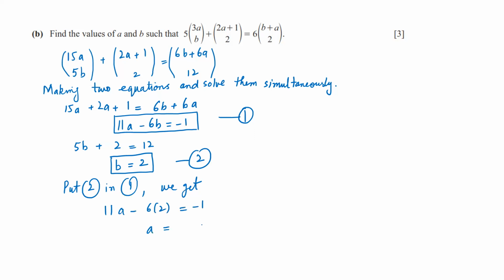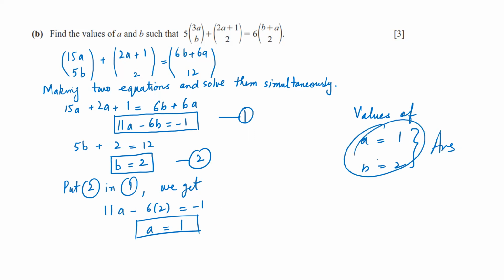So a becomes equal to 1. So the values are a equal to 1 and b equal to 2, and this is your answer. This is how you solve this question.